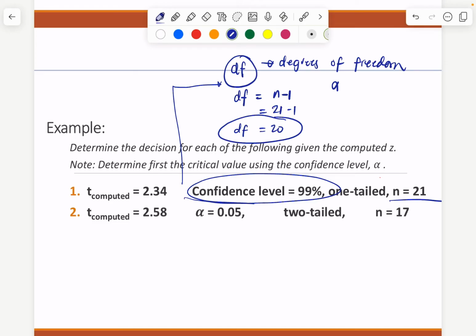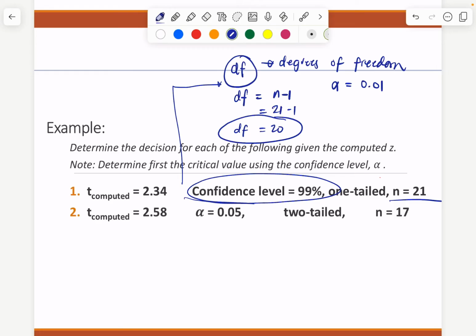Since you are 99% sure that you will arrive at the correct decision in your research, what is left out of 100%? 1% is left. So in decimal form, that will be 0.01.